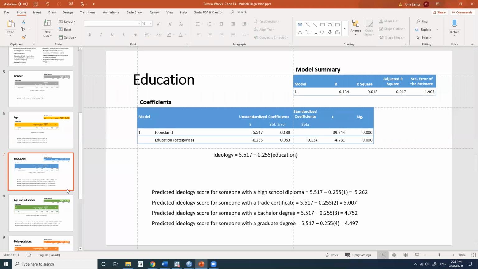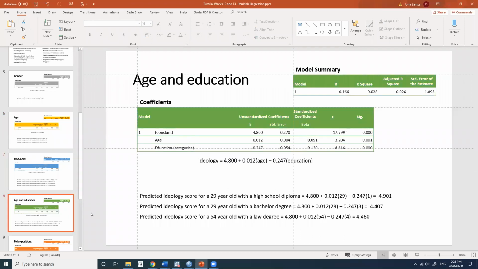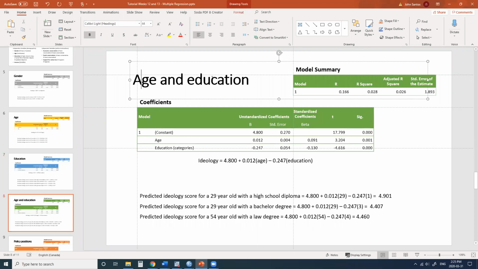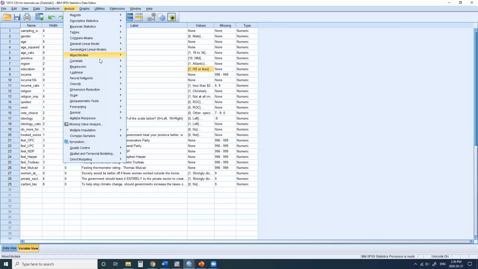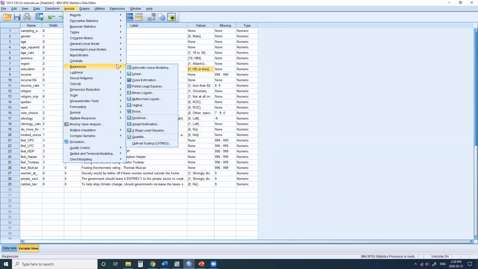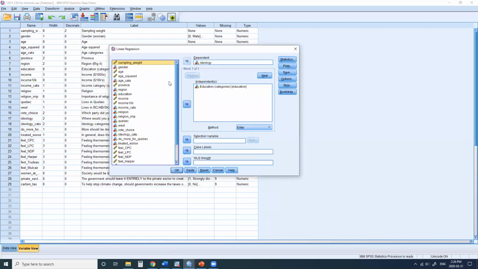Let's do a multiple regression model now, where we look at both age and education and how they're related to ideology. So let's go back to our Canadian Election Study data set in SPSS, and we'll run a trivariate regression, getting into the elaboration model here. Go back to linear regression, and we'll do age alongside education.